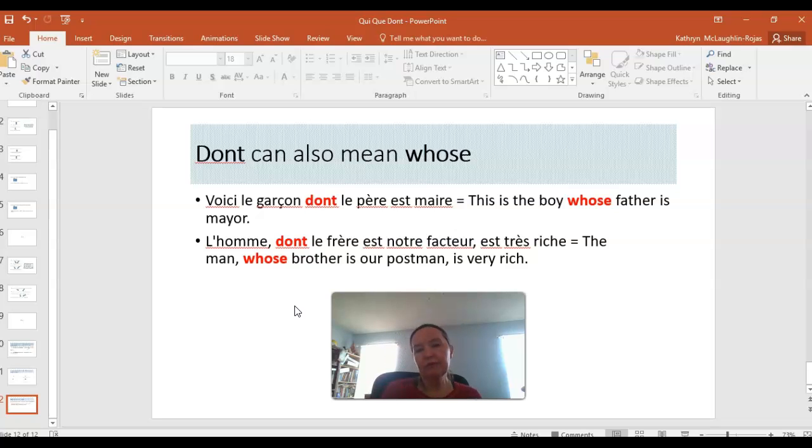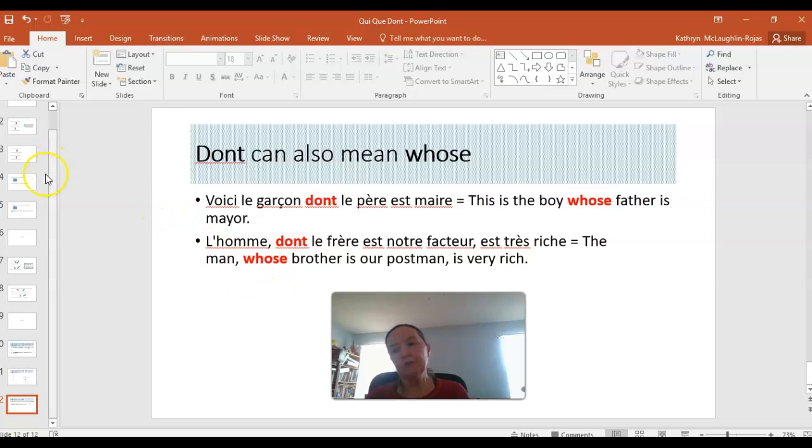Okay, so I think it would be very helpful to study all the examples in this presentation. I think the distinction between qui and que is probably a little bit easier to see. The distinction between que and dont is a little harder to see.